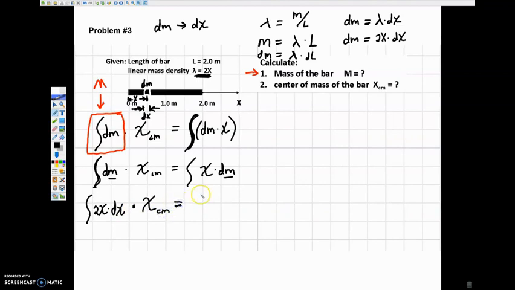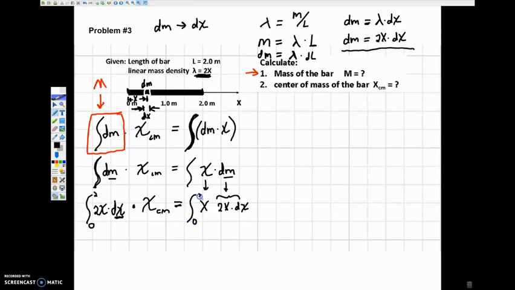And then that's going to equal the integral symbol, there it is right there, times this x right here. But then dm is going to be replaced by this phrase up here, 2x times dx. And these integrals, we want to go from x equals 0 all the way to x equals 2 because we want to get the whole bar. So we're going to be adding up these dx's from 0 to 2.